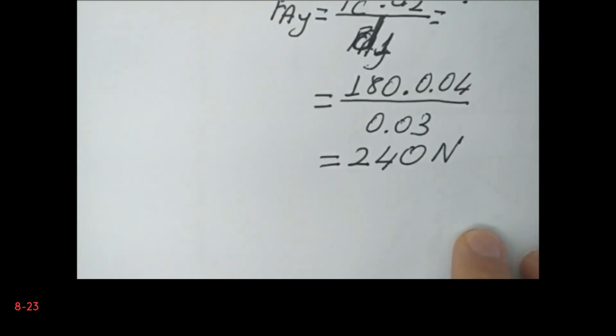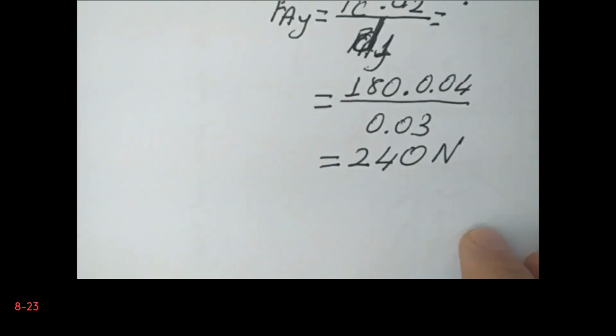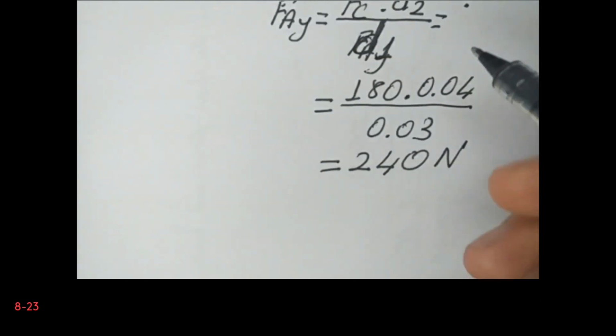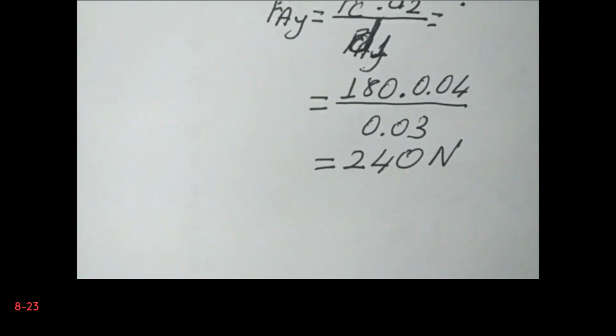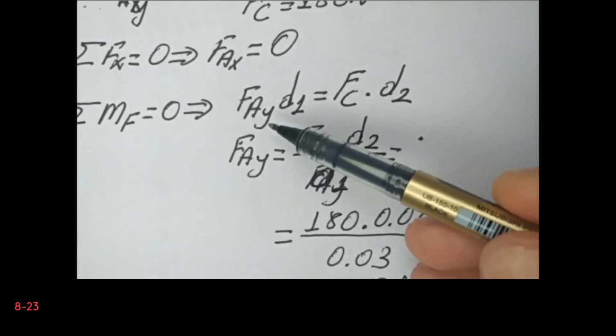So basically, let me repeat it once more. The moment generated by Fay has to be equal to the moment generated by the clamping force, that is Fc. Therefore, we can easily calculate the Fay. Fay is equal to Fc multiplied by D2 divided by D1.